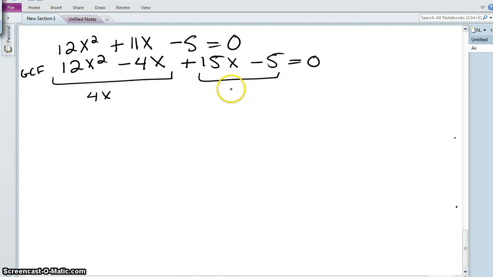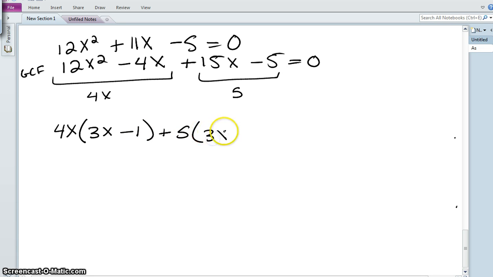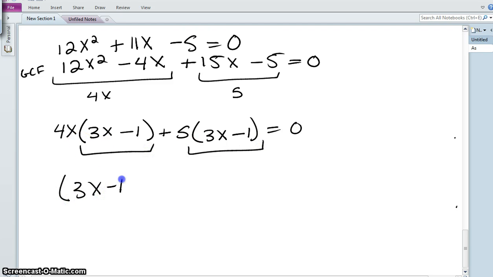The greatest common factor in these two terms is 5. So I'm going to factor 4x from the expression 12x squared minus 4x and get 3x minus 1. And I'm going to factor 5 out of the binomial 15x minus 5 and get 3x minus 1. And now I'm going to factor this binomial out of the two expressions and use the zero product property.